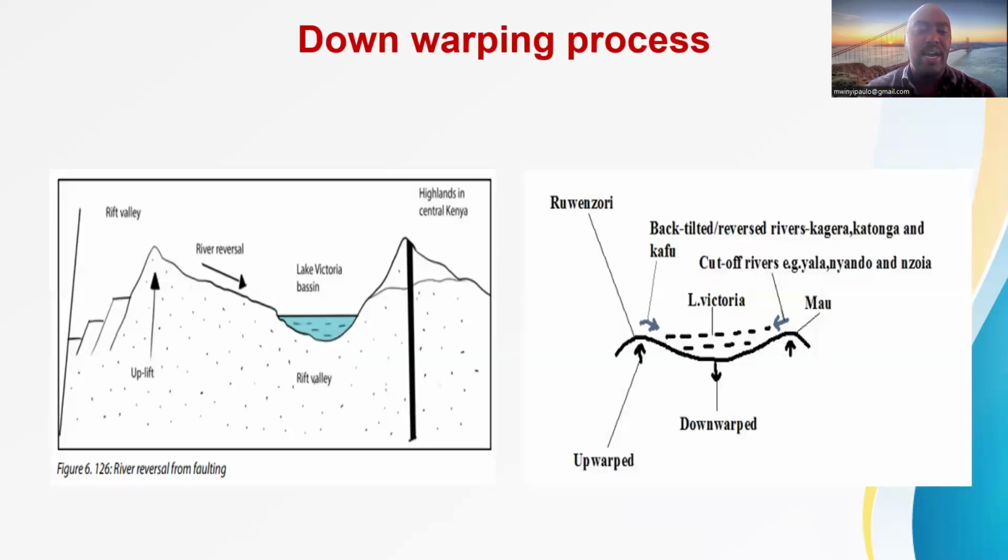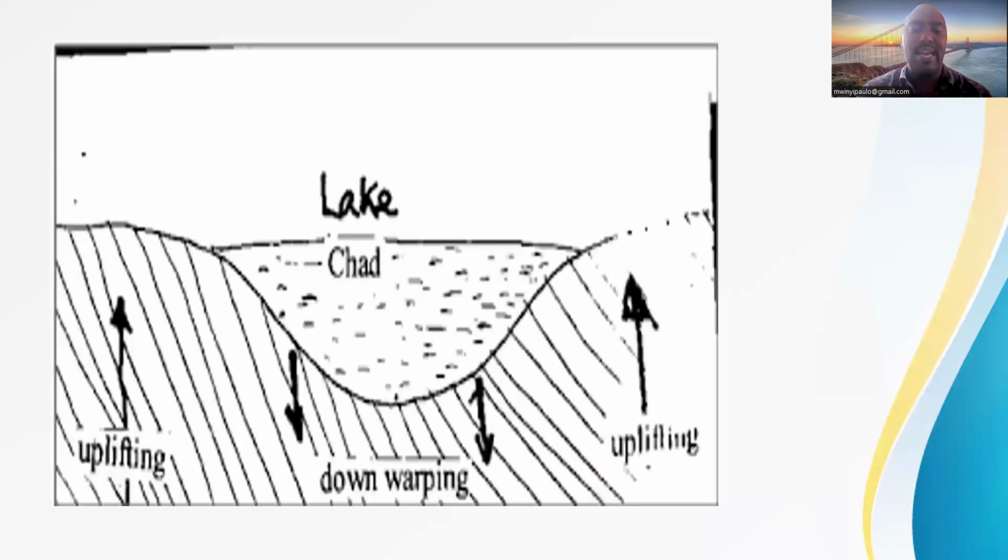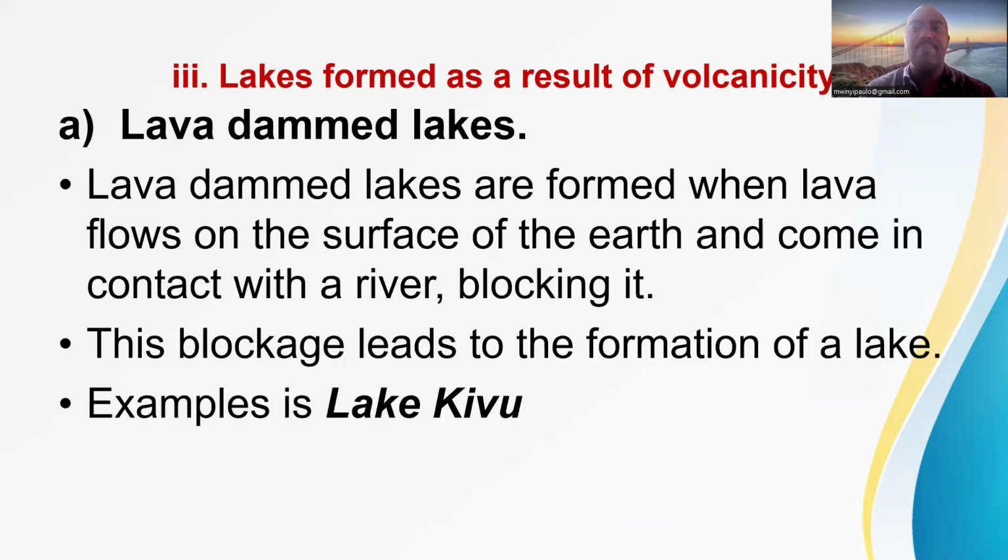I'm showing you a diagram showing downwarping process. At the end of the day, we shall have downwarping lake. Another one also showing the same downwarping, how the basin is formed. An example of a lake and how it was formed.